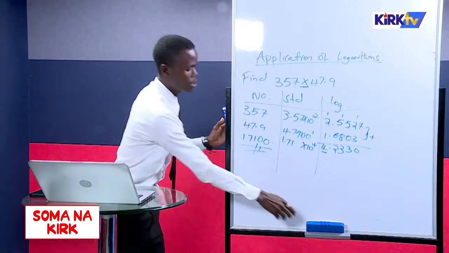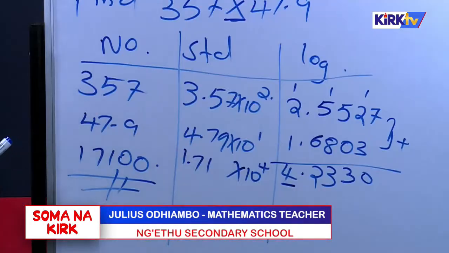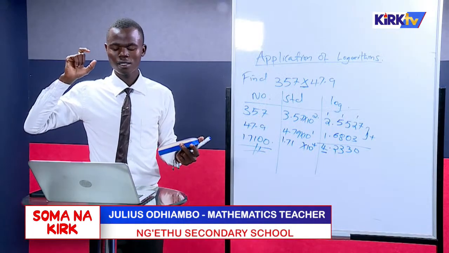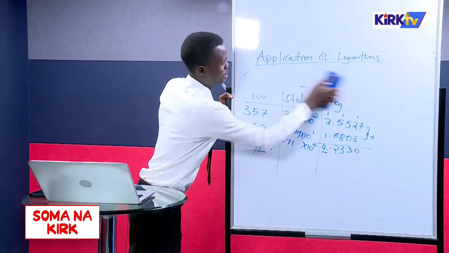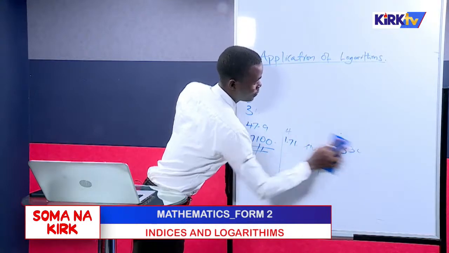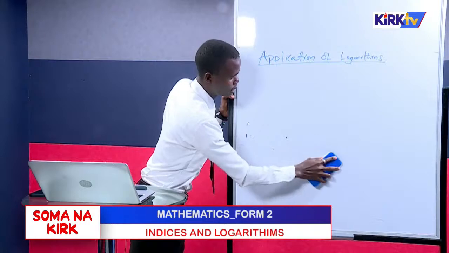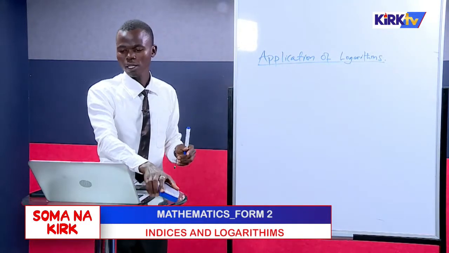Now, this is dealing with multiplication. I want us to move to the next example, where now we have division. Remember, I have used the multiplication sign. Now, I want us to use the division sign.